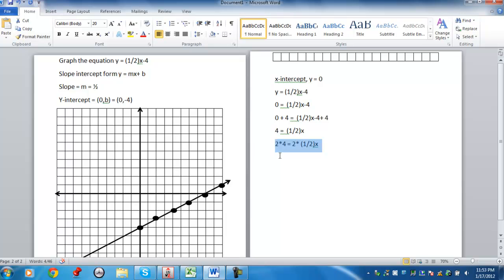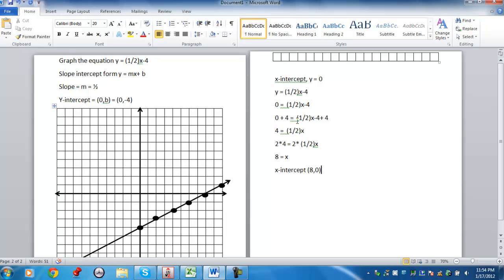If I do that, as a result, this is going to be 8, and the 1/2 and the 2 are going to cancel each other out. So my x-intercept in this example is going to be 8, 0. And if you look at your grid, if we did this right, 1, 2, 3, 4, 5, 6, 7, 8, it's right here. It's crossing the x-axis at 8, 0.